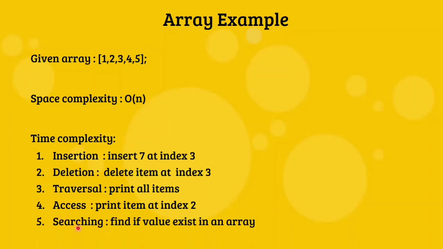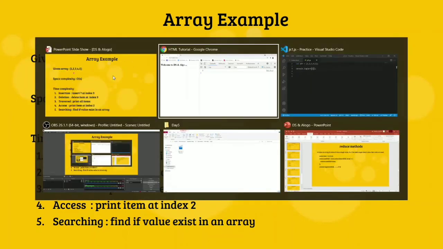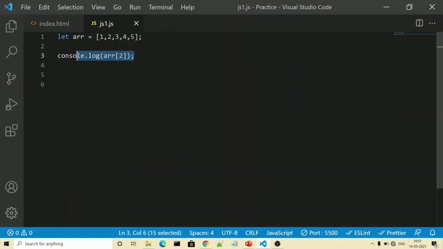Then we have searching: find if a value exists in an array. I just need to find out if value 3 exists in the array or not. If I give 8, then it should print false. So let's try to implement that. For that we have a method called includes.